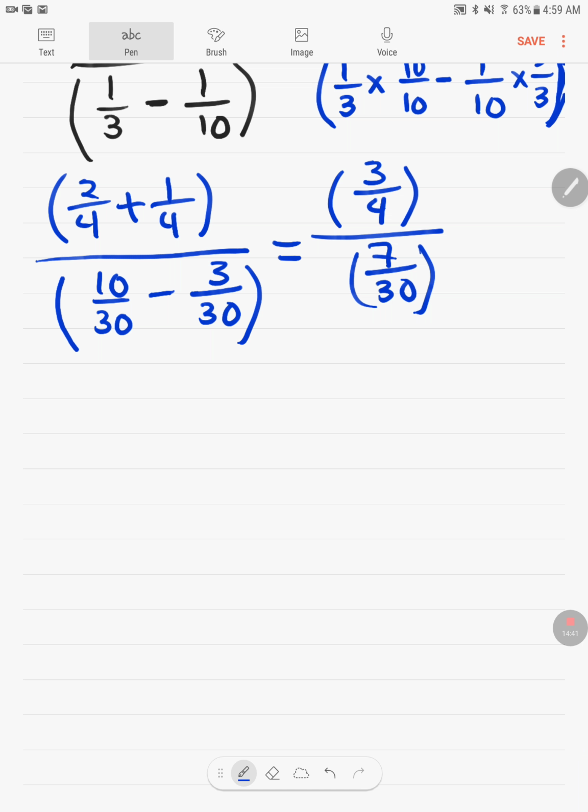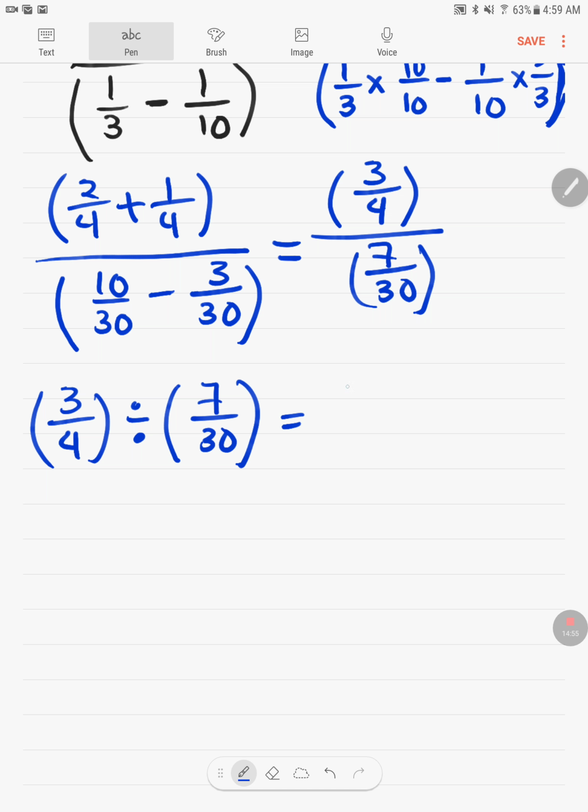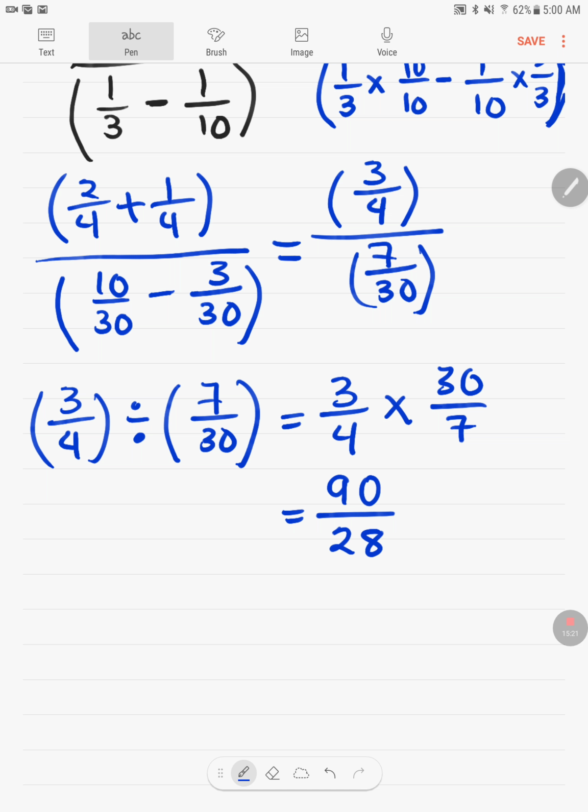So let's just rewrite it as a division. And then this is equal to 3/4 times 30/7, and the desired answer will equal 3 times 30 is 90, divided by 4 times 7 is 28.